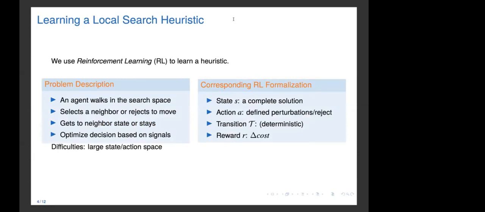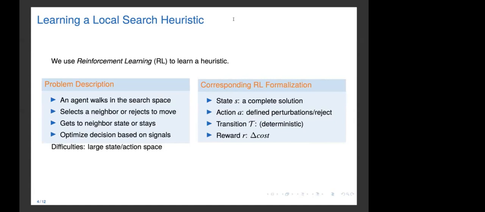If it rejects to move, it will just stay at the original state. The available actions include the defined perturbations and to reject. The transition is deterministic, with no randomness here.